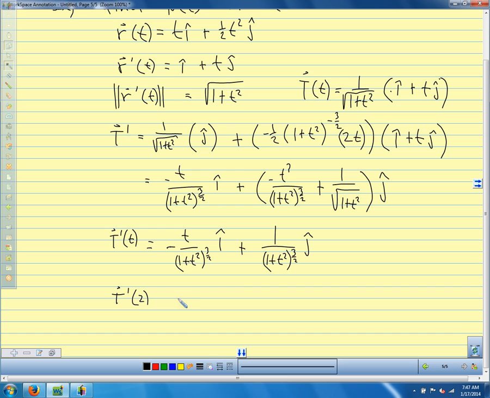T prime of 2. We get, got to hurry up here, minus 2 over 5 to the 3/2 plus 1 over 5 to the 3/2. This is i and j. The magnitude of T prime at 2, if I find the magnitude of this vector, turns out to be 1/5.